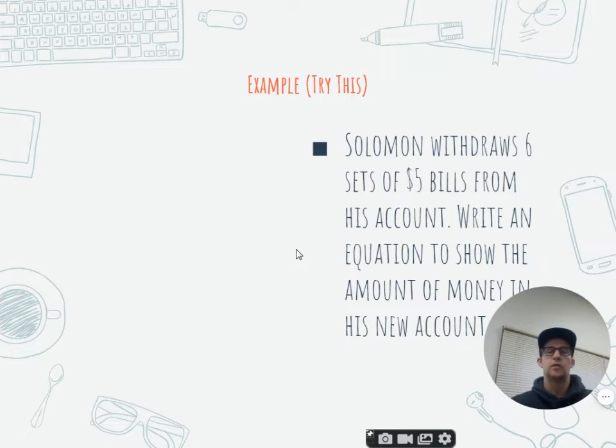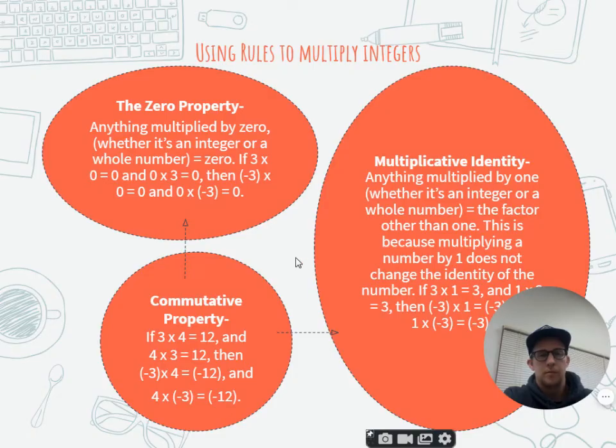So if you take out 6 sets of $5 bills from your account, then what would the equation be? It would be 5 plus 5 plus 5 plus 5 plus 5 plus 5, or 6 times 5. And if it's an equation, you're going to say that 6 times 5 is 30. So I want you to understand that repeated addition is the same as multiplication.